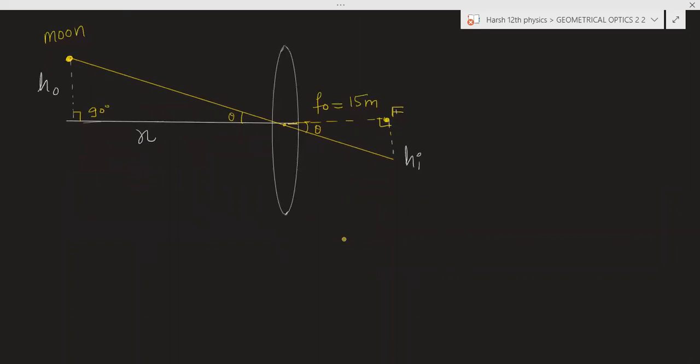So from here, you can just write the ratio of the corresponding sides.